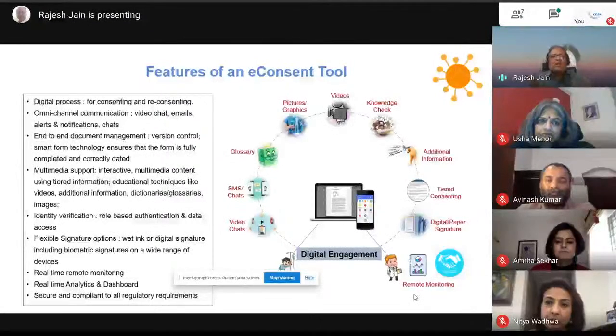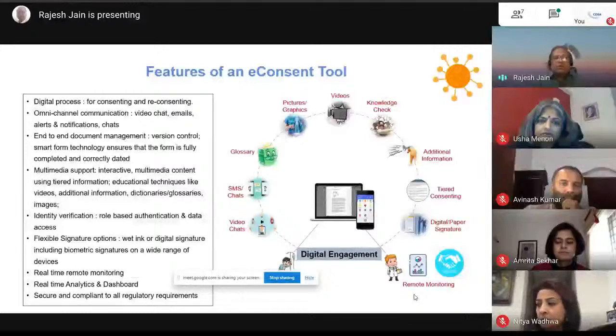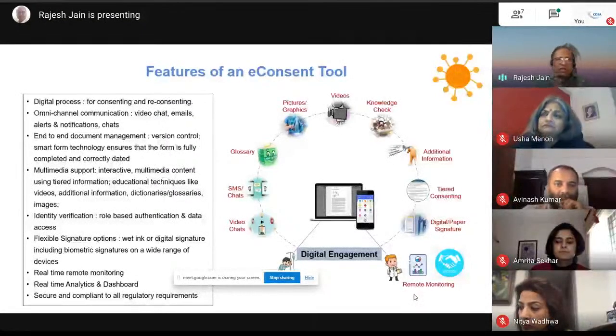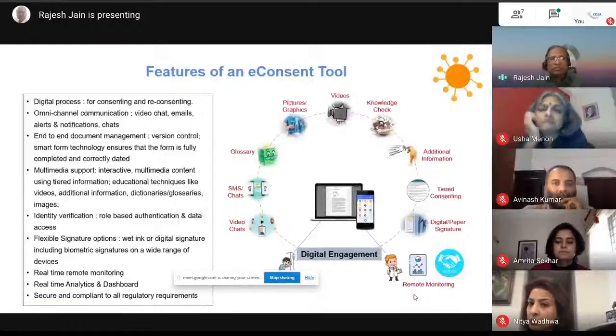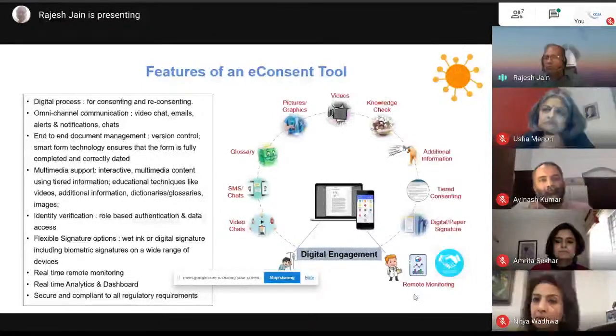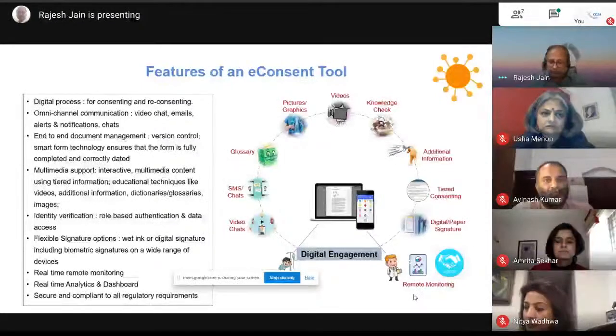Then it has to have different types of features, as I already mentioned, things like the ability to chat or do a video conversation with the patient, the ability to exchange SMS messages, and a dictionary in place, so that when I'm reading an informed consent, and there is some word or term I don't understand, I can quickly look it up in the dictionary and understand what it is that I am going into.